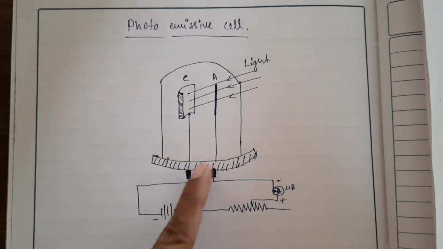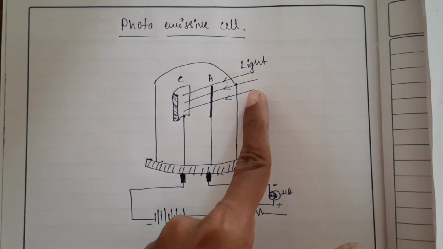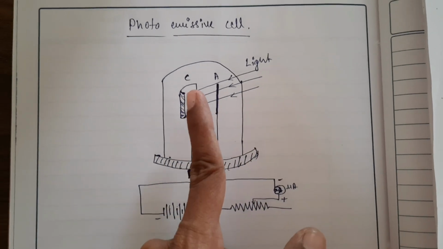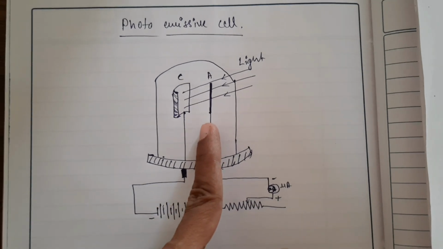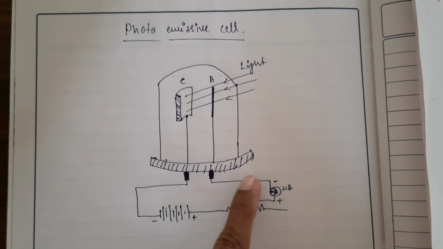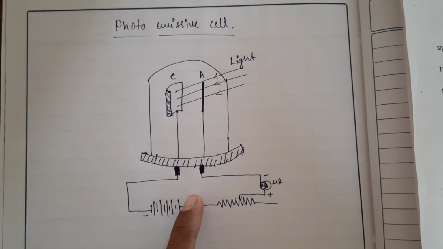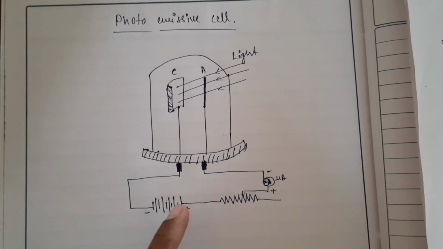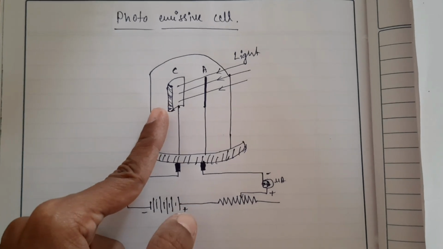When light falls on the cathode, electrons are ejected from the cathode and collected by the anode, and the conversion of light energy into electrical energy takes place.